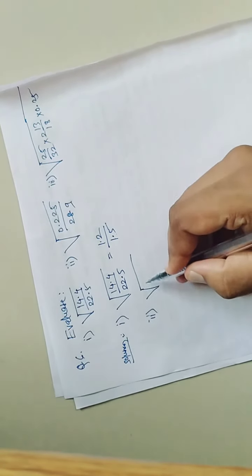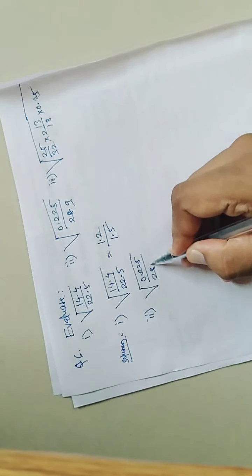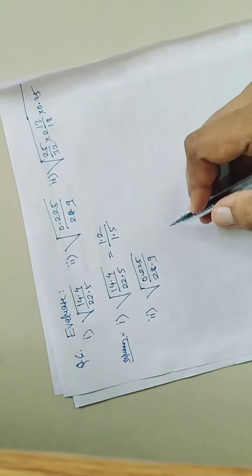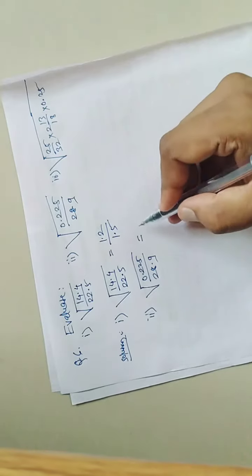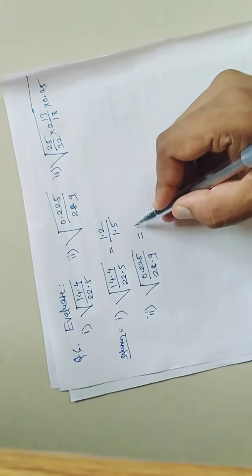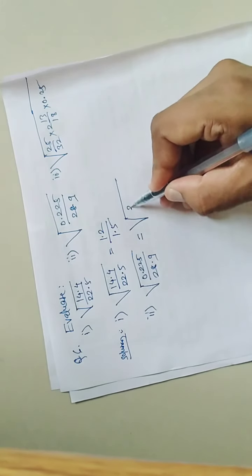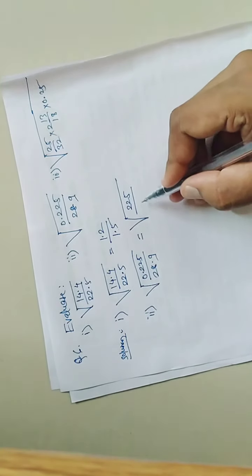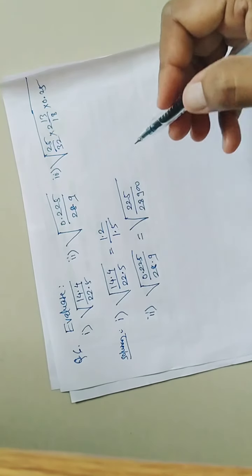In square root 0.225 divided by 28.9, we can write this, which is equal to, in square root 225 divided by 28,900.